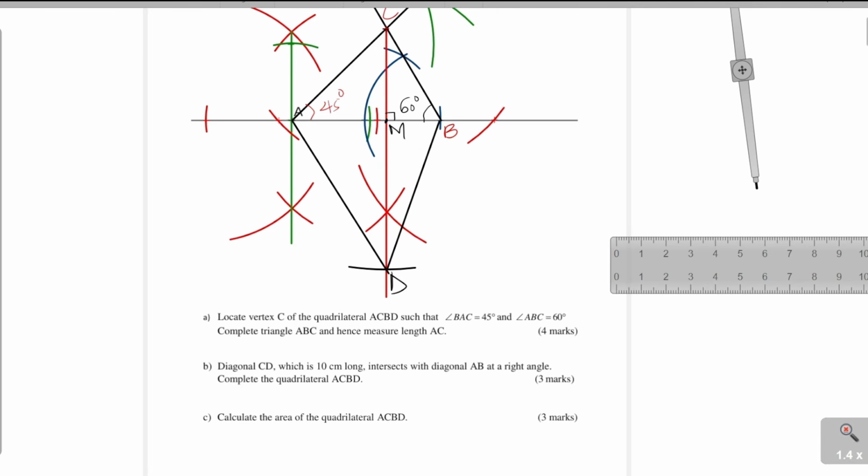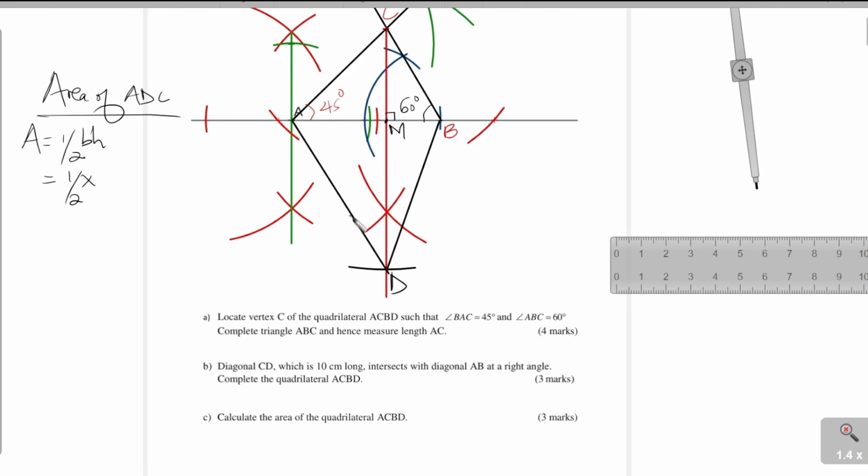So let us start with the area of triangle ADC. This triangle area is equal to half base times height. The base will be CD.